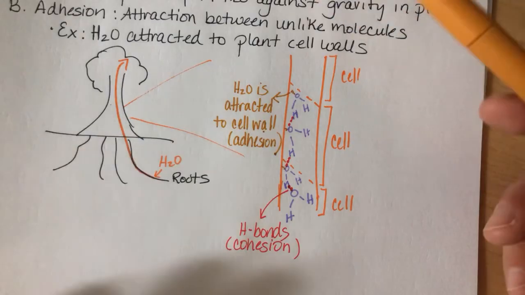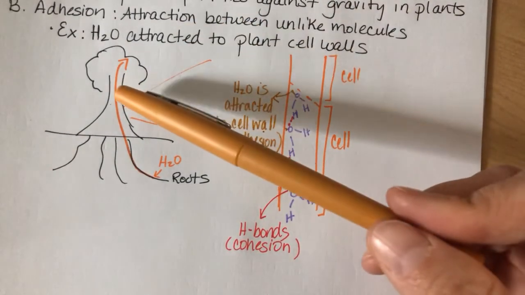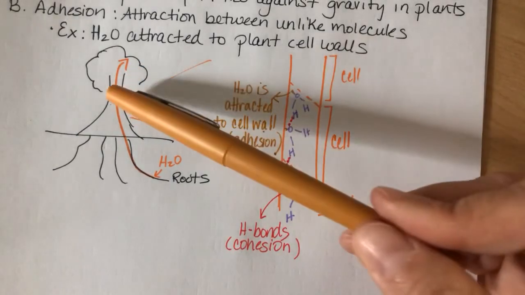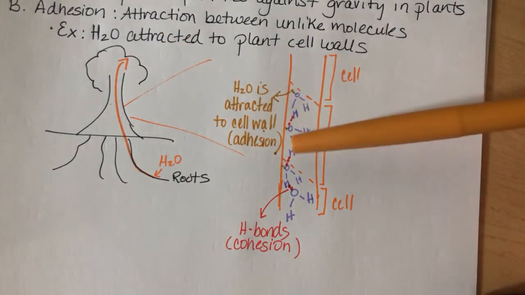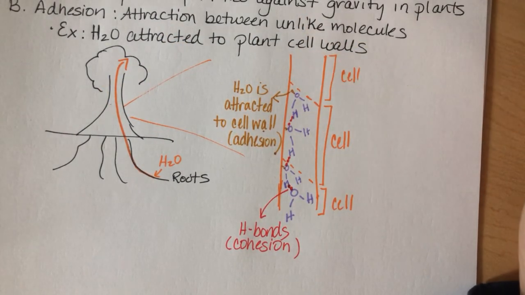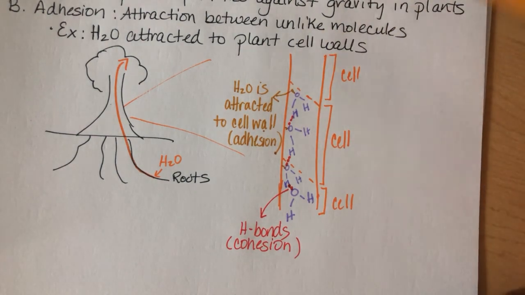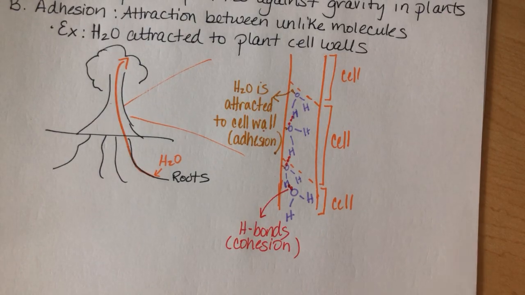I'll also show you a little video showing that water evaporates from the leaves, and when it does, it pulls the whole chain of water molecules up, and that's how water travels up the plant. But in fact, it's due to both of those things, cohesion and adhesion.